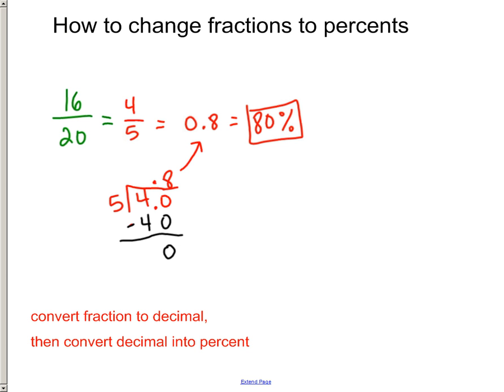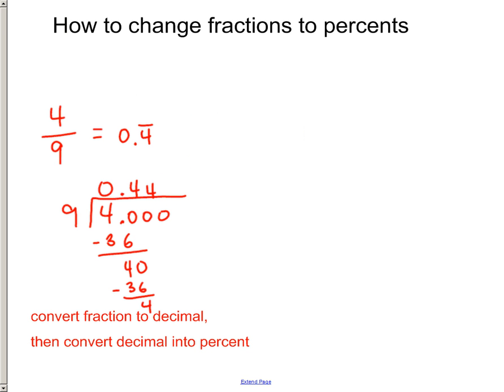Those are easier examples. You can always have a decimal and a percentage, and it can be repeating if you run into a situation like that, like let's just say 4/9. And so then when you run into that repeating situation, you still move the decimal 2 spots, but then you have to remember that the 4s are going to go on regardless of whether it's a percent or a decimal.